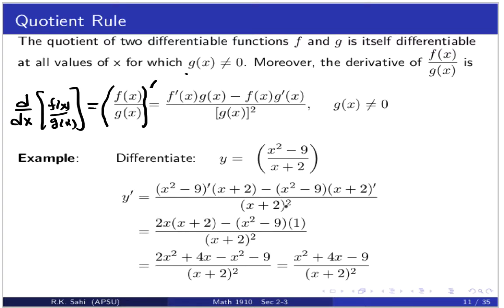Now let's do the algebra on the numerator. We get 2x squared plus 4x minus x squared plus 9. When you add up the like terms, you get x squared plus 4x plus 9 divided by (x plus 2) the whole square. Okay, let's do another example.